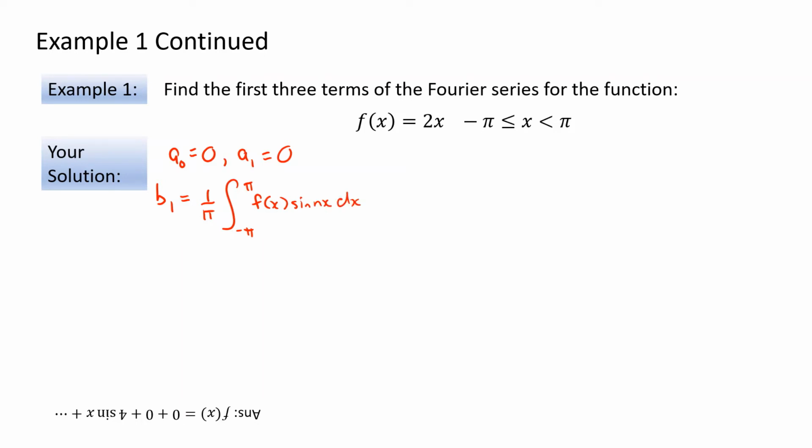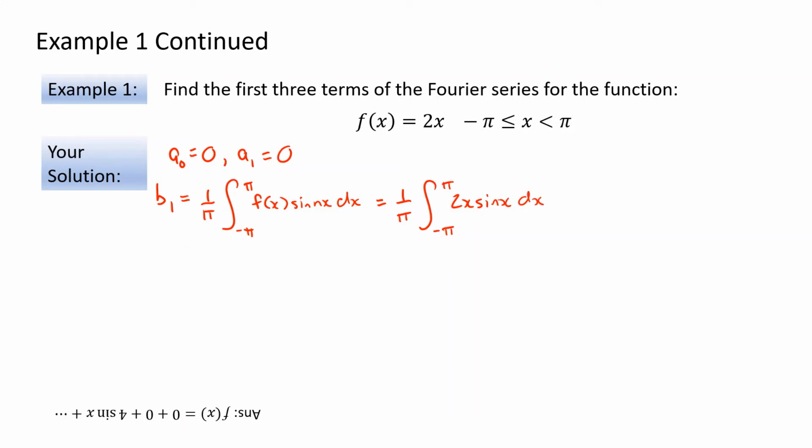Remember, it's our first term, so the value of n is 1, and f of x is equal to 2x. Substituting these in, we get 1 over pi times the integral from negative pi to pi of 2x sine of x dx.